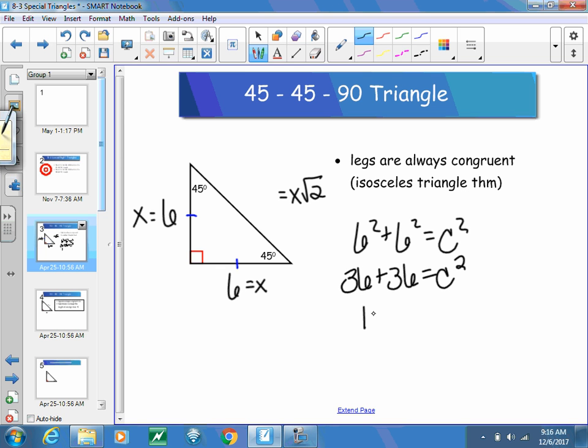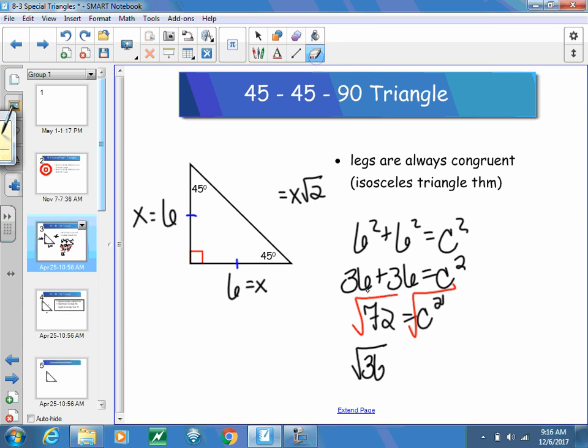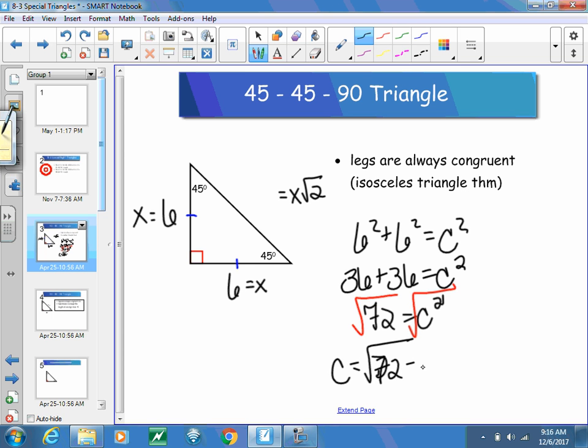So that would be, I'm sorry, not 100, 72. 72 is equal to c squared. Take the square root of both sides. So your value of c is equal to the square root of 72, which you could do as the square root of 36 times the square root of 2, and then we get 6 square roots of 2.